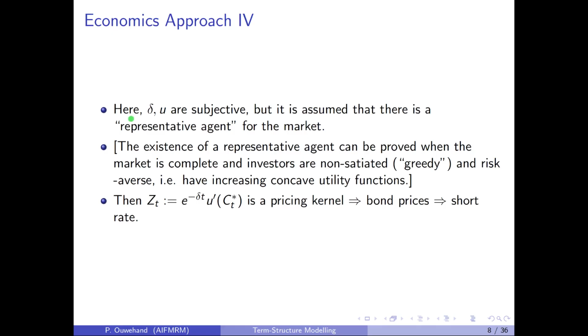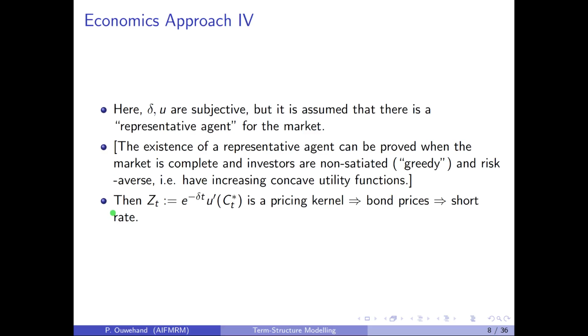Here, as we've stated before, delta and u are subjective and may differ from investor to investor, but it is assumed here that there is a representative agent for the market. The existence of such a representative agent can actually be proved when the market is complete and investors are non-satiated, i.e. greedy, i.e. prefer more money to less, and risk-averse, in other words, if they have an increasing and concave utility function.